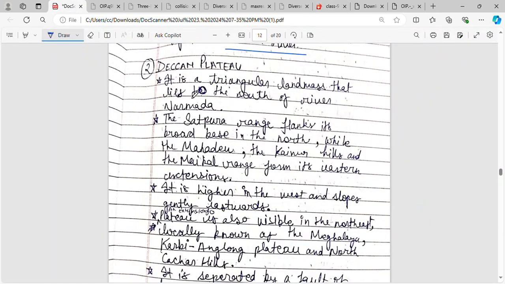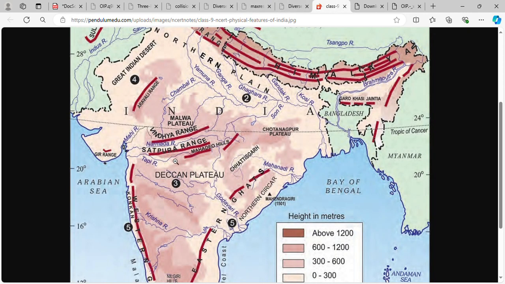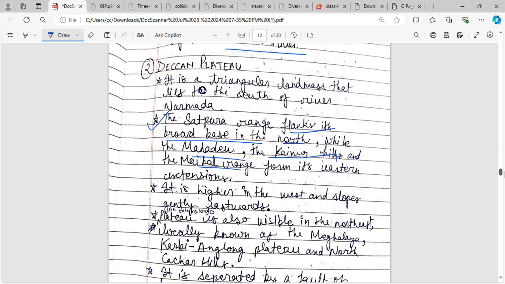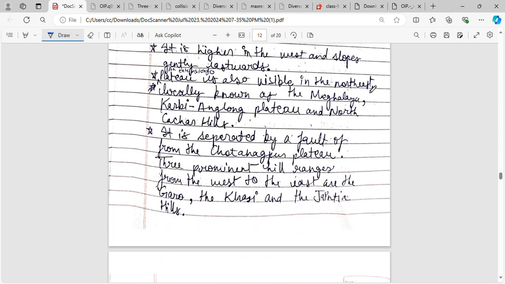The next point is the Satpura range flanks its broad base in the north, while the Mahadev, the Kaimur hills and Maikal range form its eastern extension. This is the Satpura range.